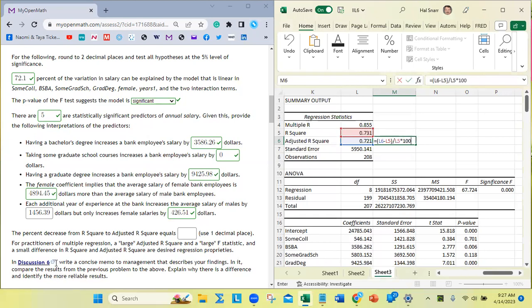So we're going from R square to adjusted R square. Adjusted R square is what it is. R square is what it was. See that? And we hit enter. So the R square dropped by just a tiny bit.